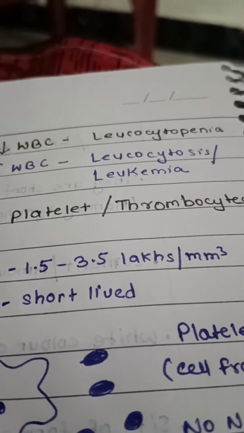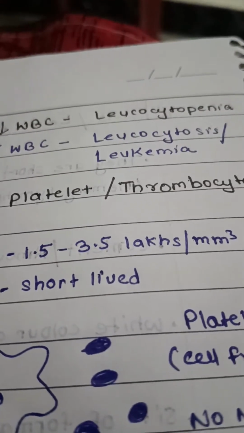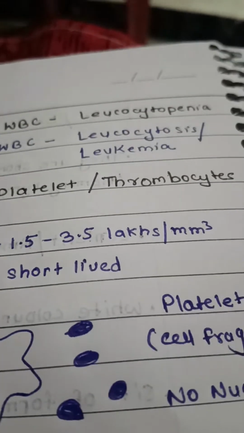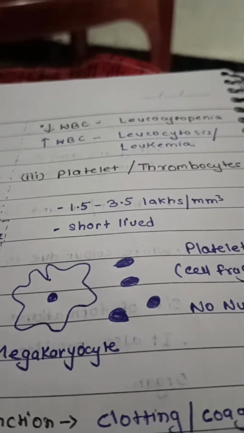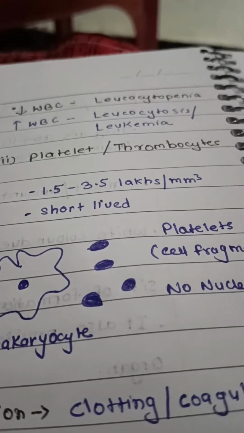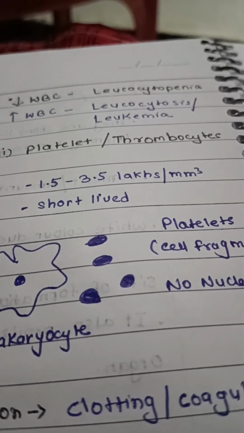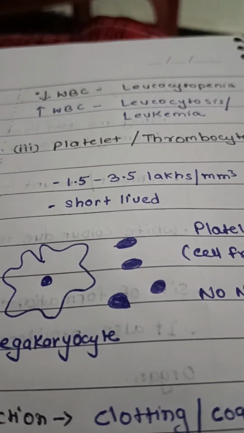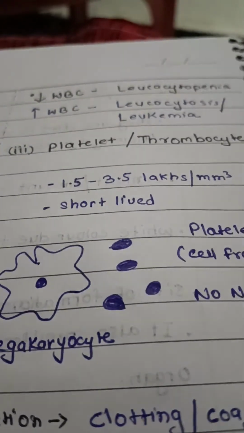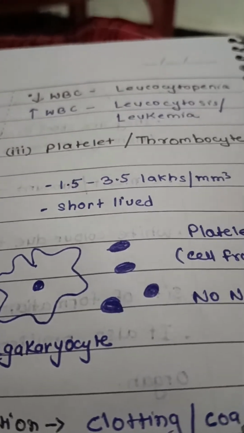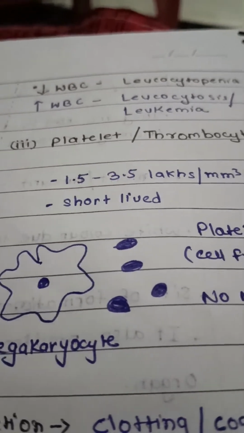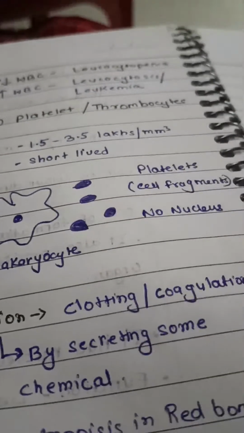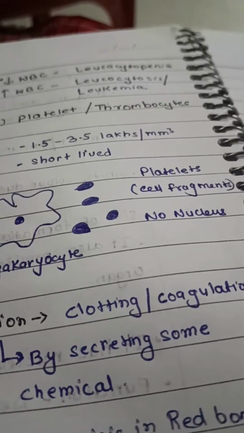When it increases in number, it is known as leukocytosis or leukemia. The platelet is known as thrombocyte. Its number is 1.5 to 3.5 lakh per mm cube and it is short lived. Platelets are cell fragments of megakaryocytes, with no nucleus.